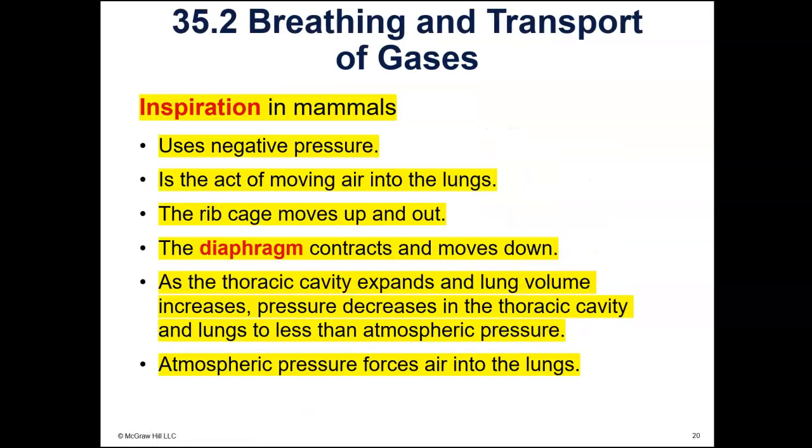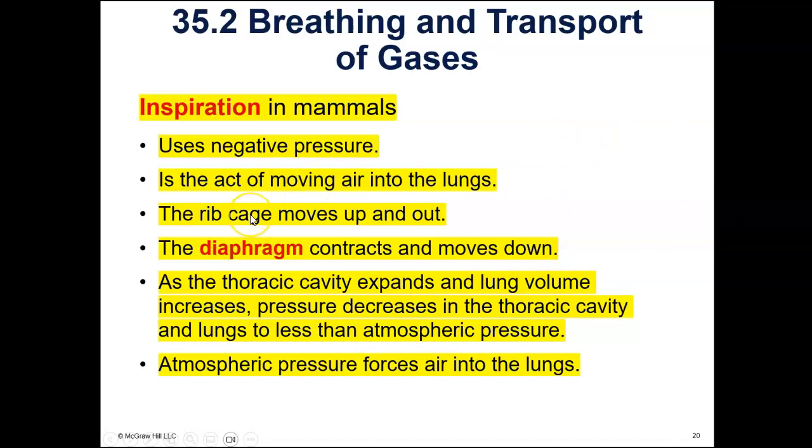Now, in mammals, inspiration or inhaling uses negative pressure. First of all, you need to understand a pressure and volume law: as the volume in our chest increases, the pressure decreases. So volume and pressure have an inverse relationship. It's called Boyle's law.